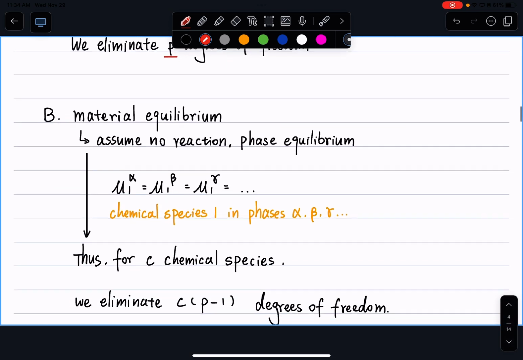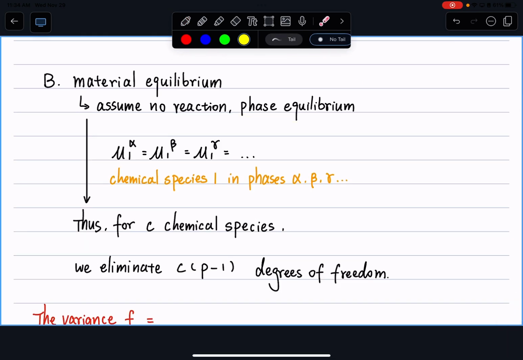So remember, when we have phase equilibrium, what we are saying is the chemical potential of a specific chemical species is in equilibrium across all phases, alpha, beta, gamma, etc. For a system like a cup of ice water, your solid water and liquid water are in equilibrium, so the chemical potential of water in the solid phase and liquid phase will be equal.